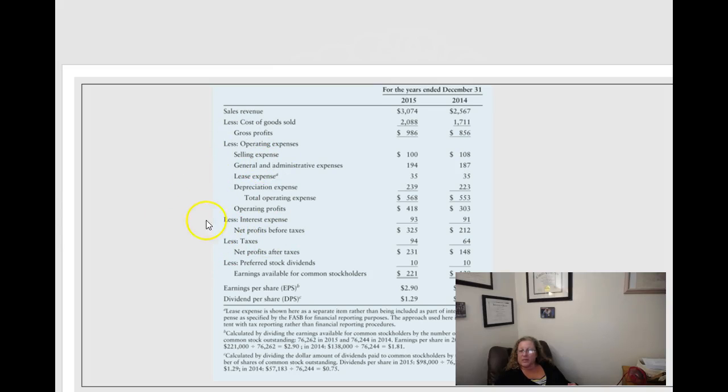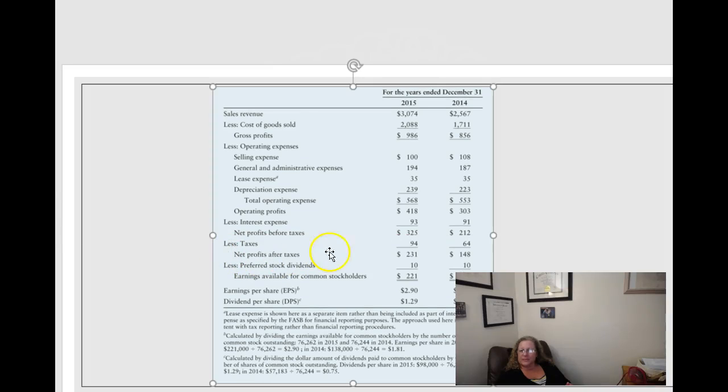You subtract all of the expenses, including interest expense and then taxes, and then you would get your net profit after taxes. Right here on this line is your net profit after taxes, okay?